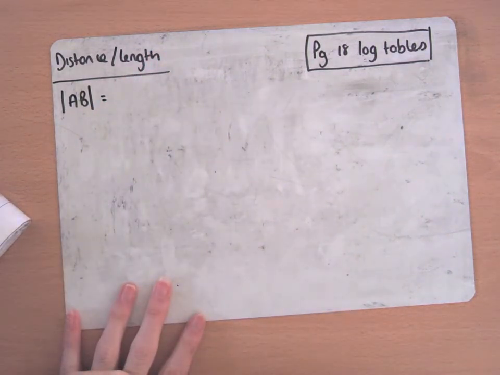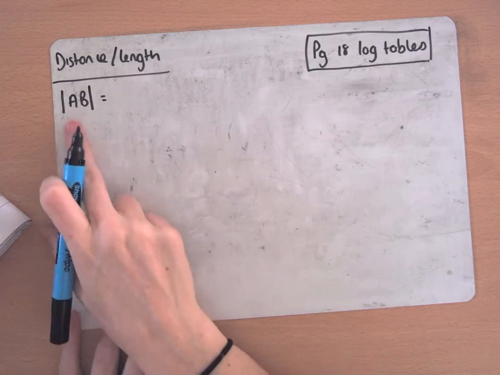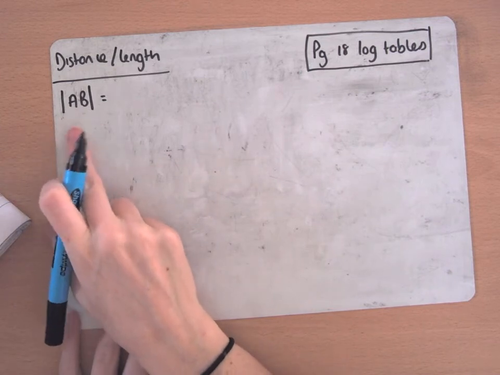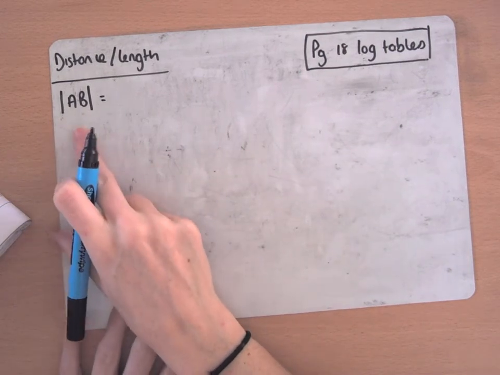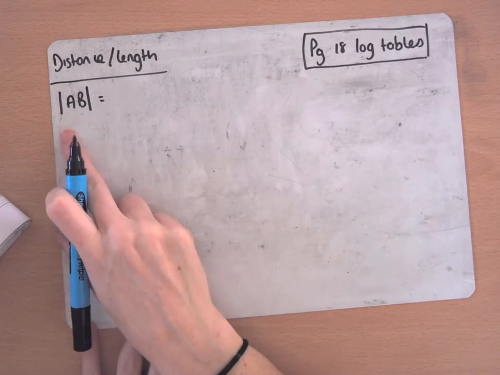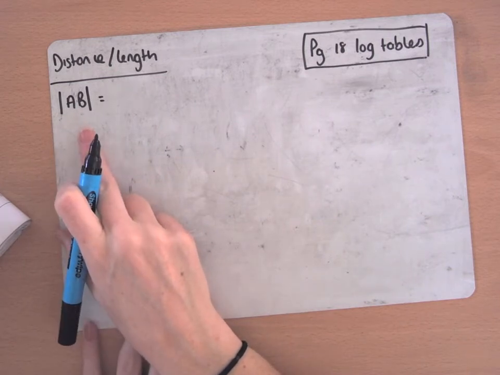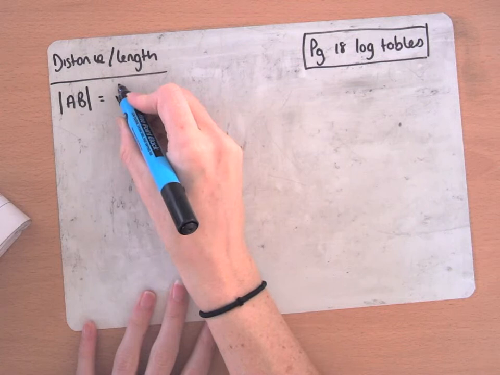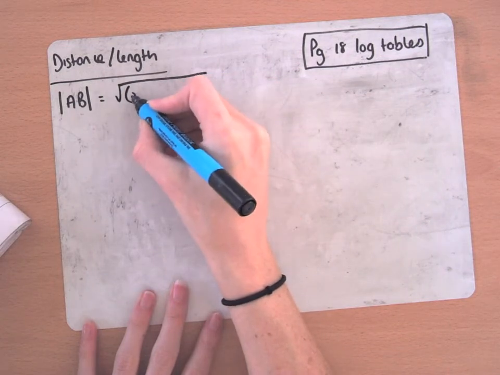Now, this is another way they can ask for distance or length. It's 2 lines outside of AB. That means find the length of the segment A to B. You go to your log tables and you write down your formula.